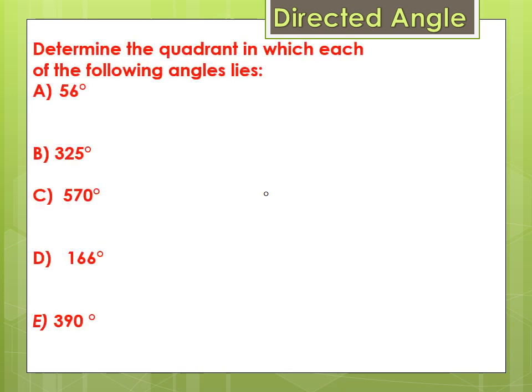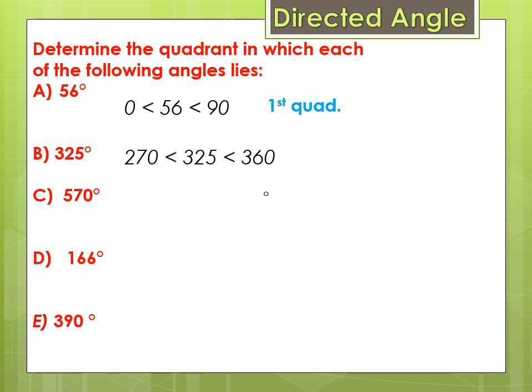Determine the quadrant in which each of the following angles lies. 56 lies what? Yes, between 0 and 90, that means first quadrant. 325 between 270 and 360, that means fourth. By the same way, this will be, yes, 570. Yeah, it's bigger than 360, so I need to remove one circle or one round. So 570 minus 360 will get 210.